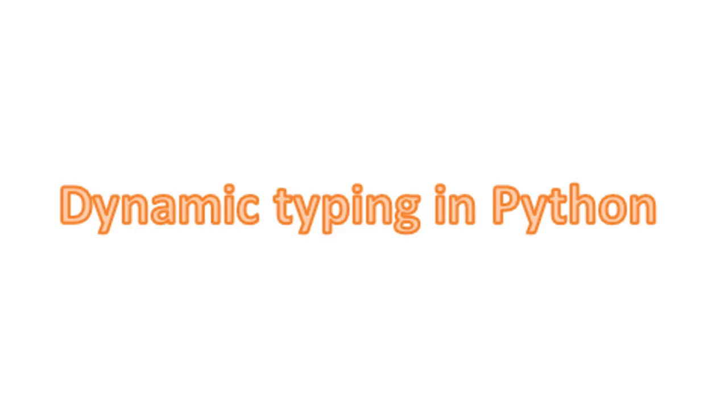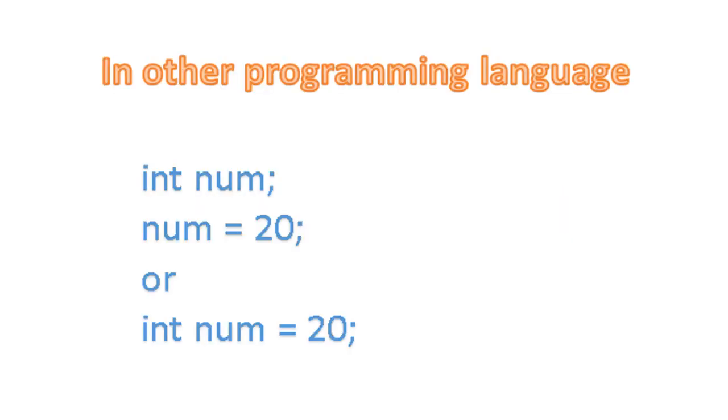Dynamic typing is an important feature in Python. Let's see how it is different from other programming languages. In other programming languages, we have to declare a variable first and then assign a value. Here in this example, the first line indicates that num is a variable of type integer.